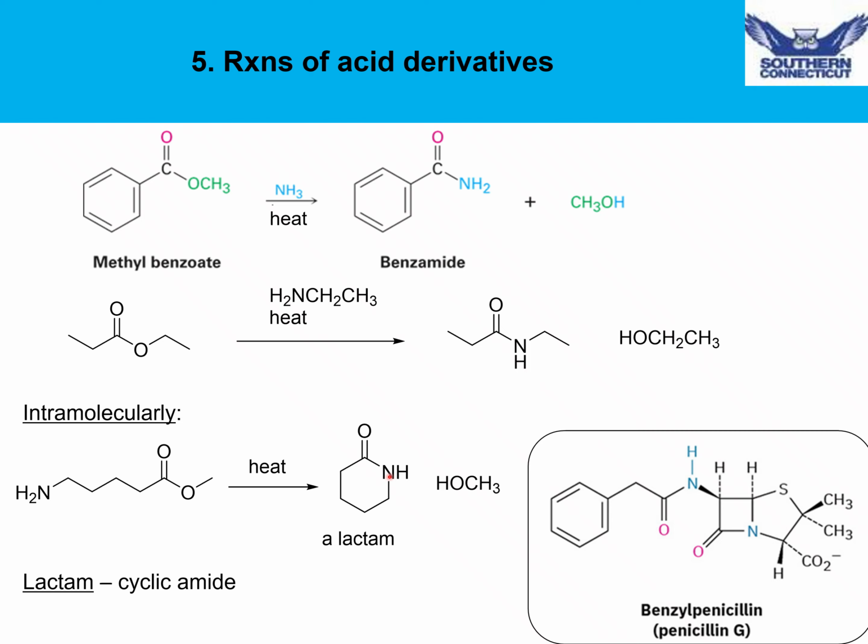And lactams are actually very important in the chemistry of antibiotics. Specifically, many antibiotics, such as penicillin G, have a 4-member cyclic amide. This is called a beta-lactam, since it contains 2 carbons in addition to the amide.